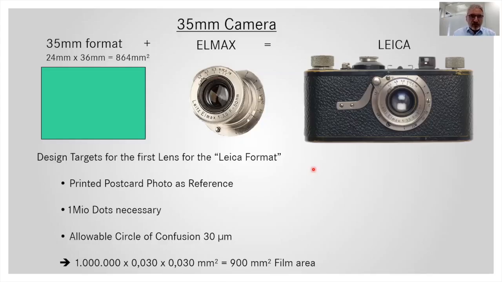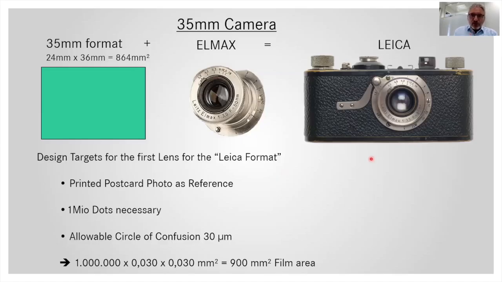And with this, they defined the circle of confusion, the allowable circle of confusion, or the minimum size the aberration should be. And this, they defined 30 microns. And when you recalculate this, you come to an equation where 900 square millimeter film area is needed, and here you see 864. So this is a very rough assumption they took.